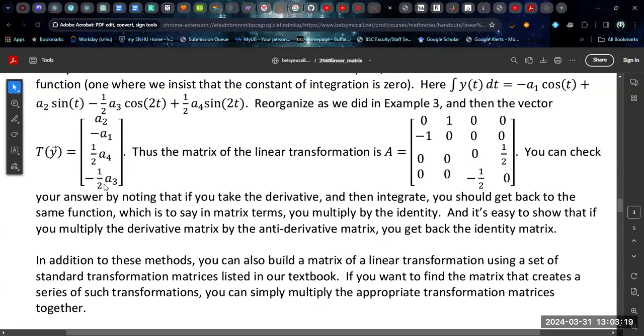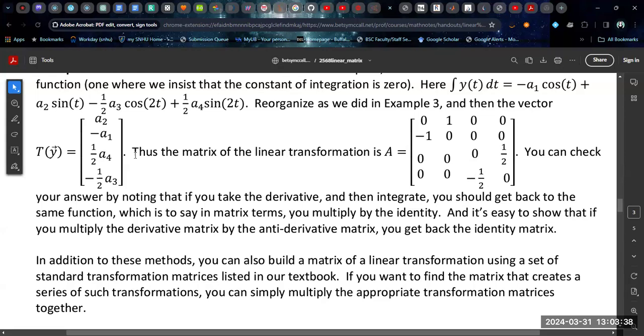And so similarly to my previous example, I can represent these as a matrix. 1 a2 goes here, negative a1 goes here, 1/2 a4 goes here, and negative 1/2 a3 goes here.